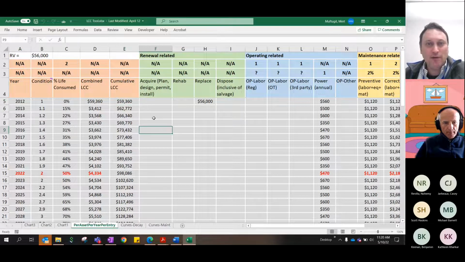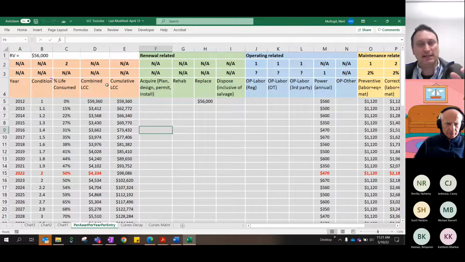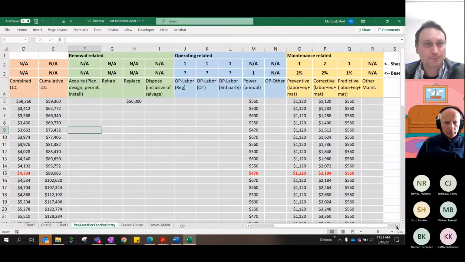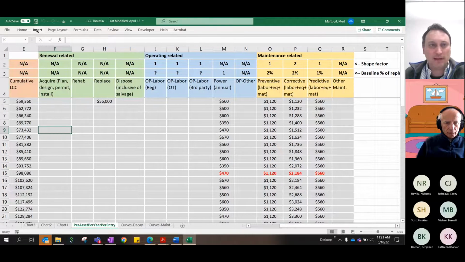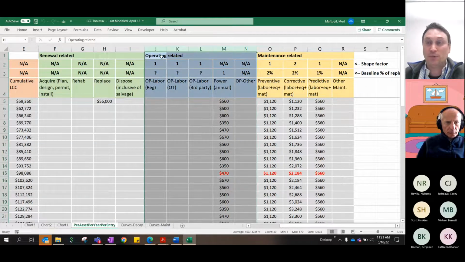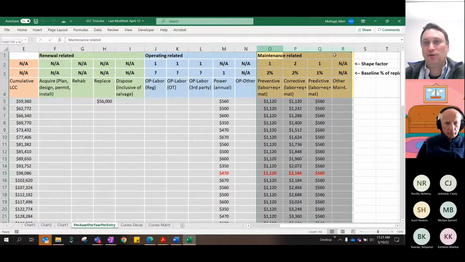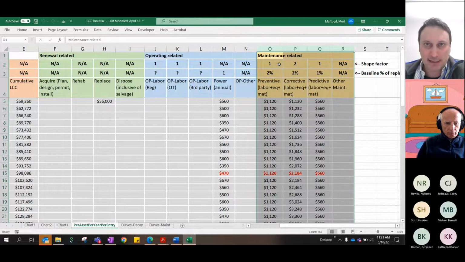Okay, let's carry on. All right, then let's dive into some of those life cycle cost components we discussed when we were writing our approach document early in this process. So what you'll see here is we have a few entries associated with asset renewal, a few columns associated with asset operations, and then a few columns associated with asset maintenance.